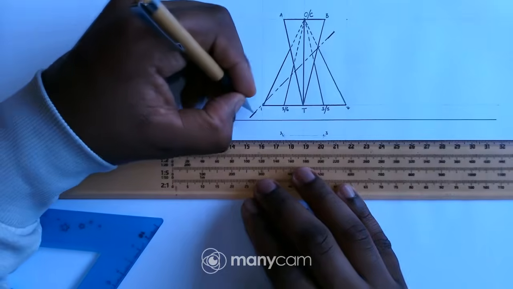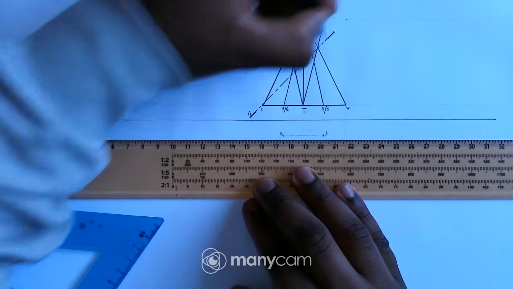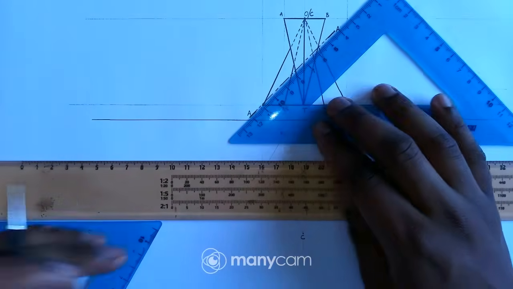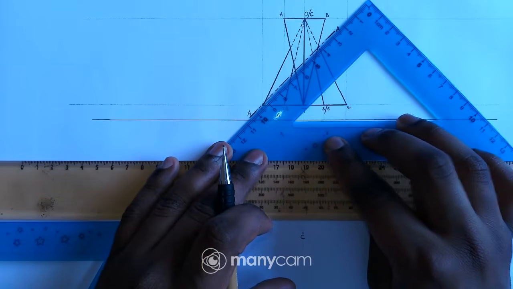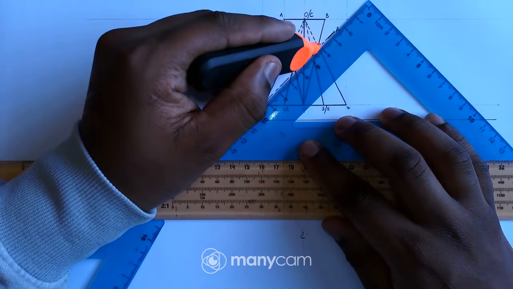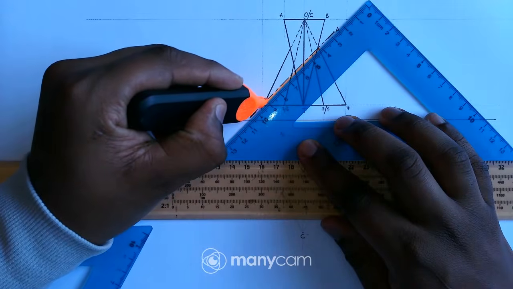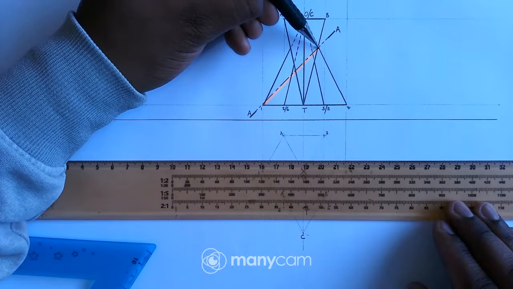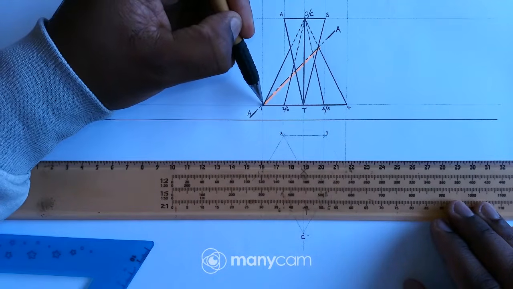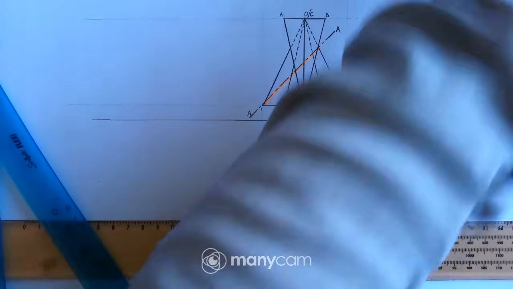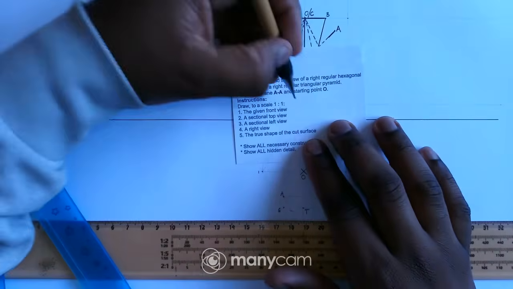Cutting plane A. So obviously the cutting plane is cutting the two solids just there from here all the way down to there. Okay, so this is the complete front view. So I can just mark that view off.